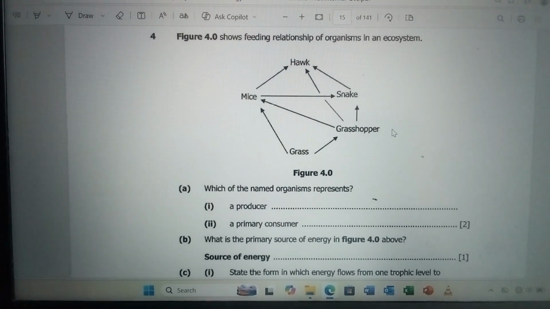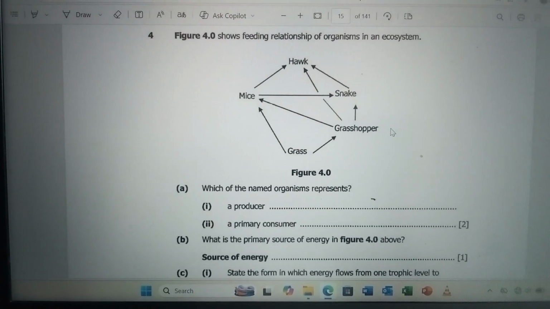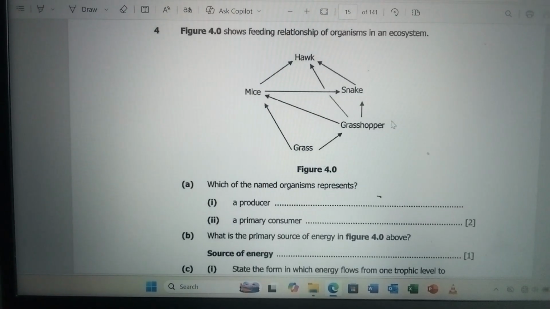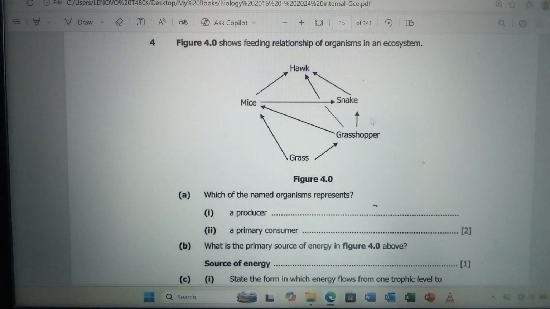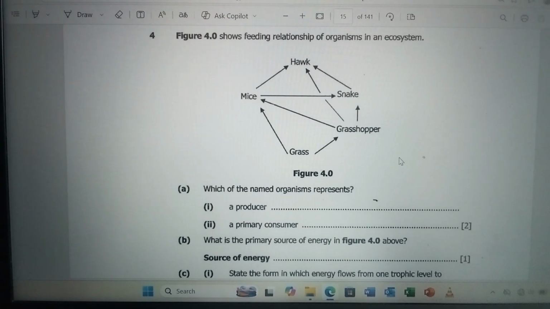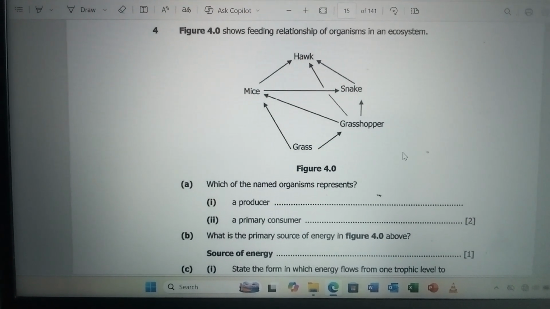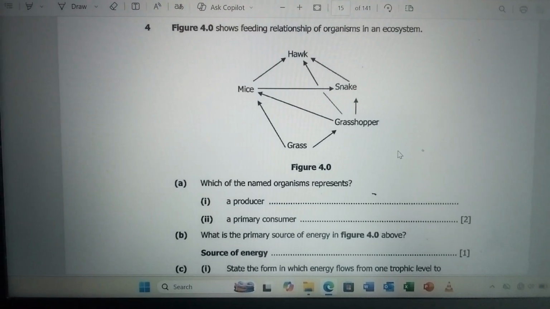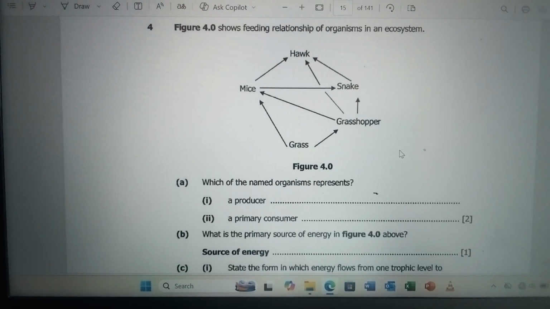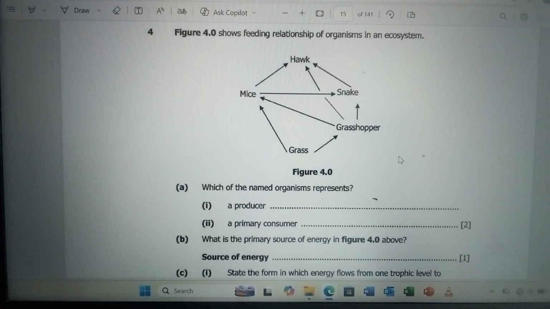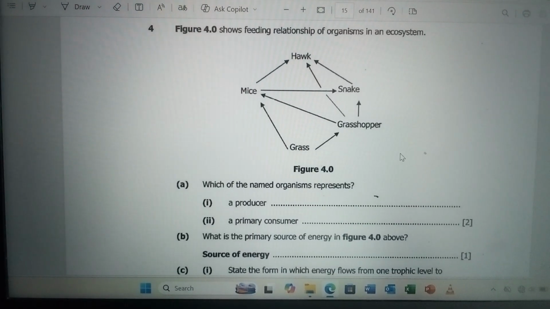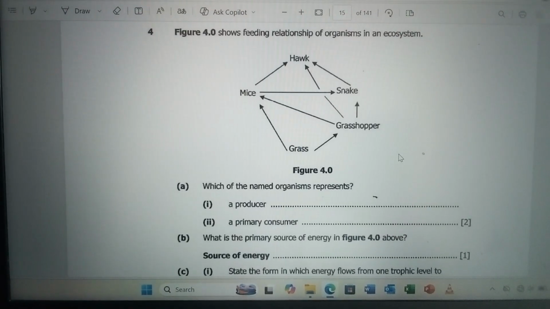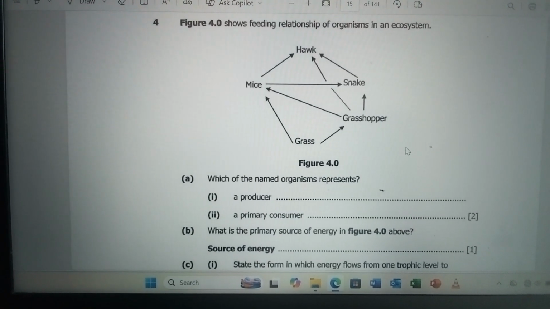One thing that you should bear in mind is that always in an ecosystem, the primary source of energy is from the sun, which contains solar energy, which is trapped by the green leaves of the plants, and it is converted to what? Chemical energy, which is passed on to another organism from one trophic level to another.